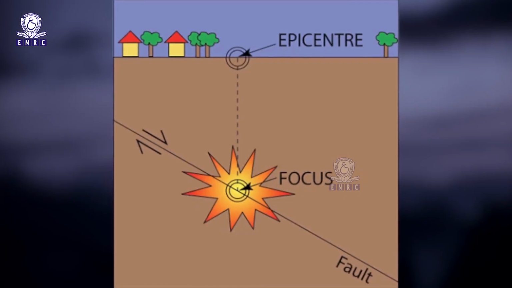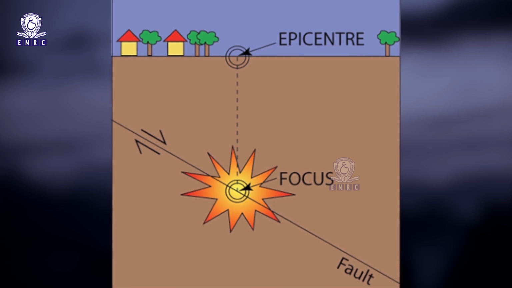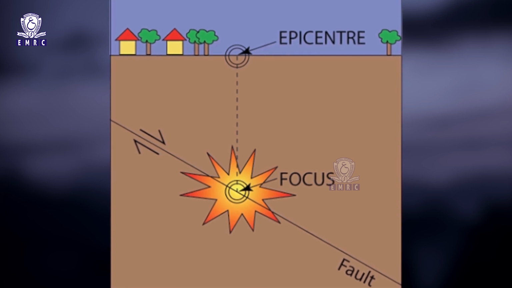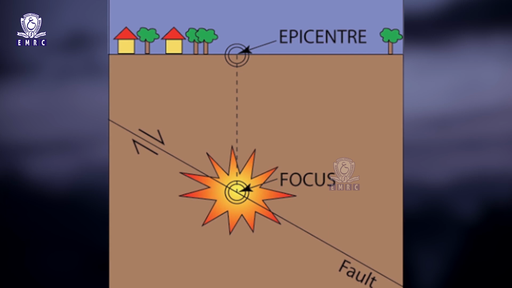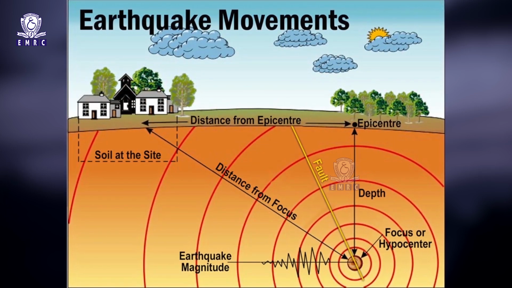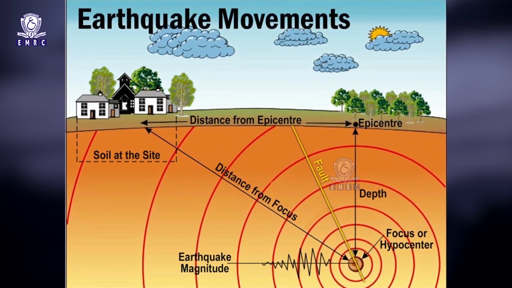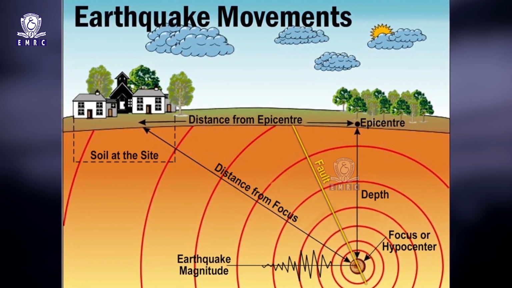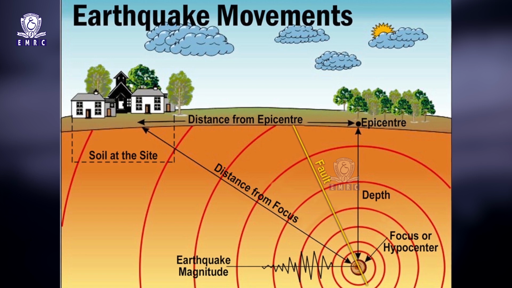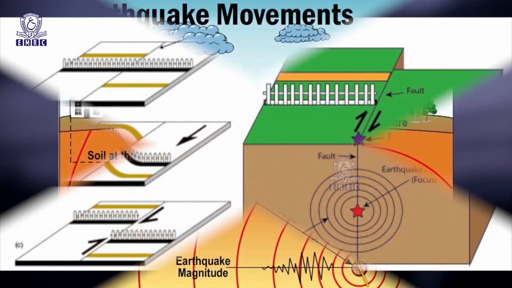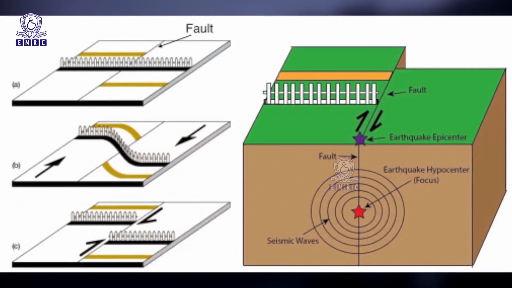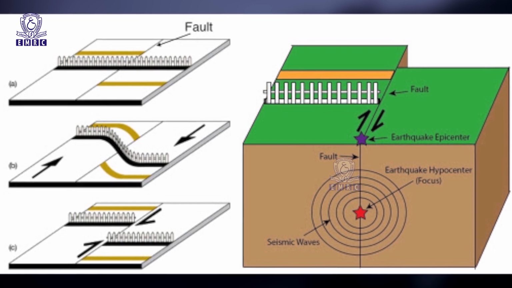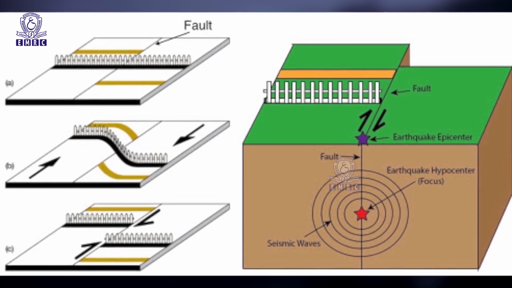Earthquake is also defined as a shock or series of shocks due to the sudden movement of the crustal rocks. When an earthquake occurs, energy is released, and this released energy is carried in different directions in the form of seismic waves that produce shocks or vibrations in the rocks.